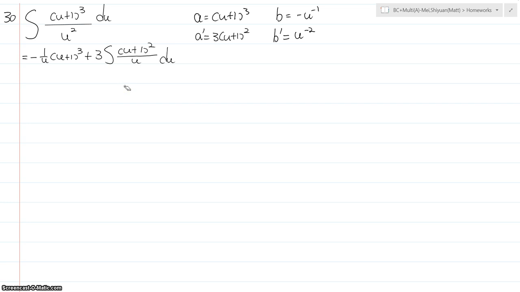In this case, I'll set a equals, same as usual, (u plus 1) squared, and a prime is 2 times (u plus 1). b prime is 1 over u, and remember this time b will be ln of the absolute value of u.